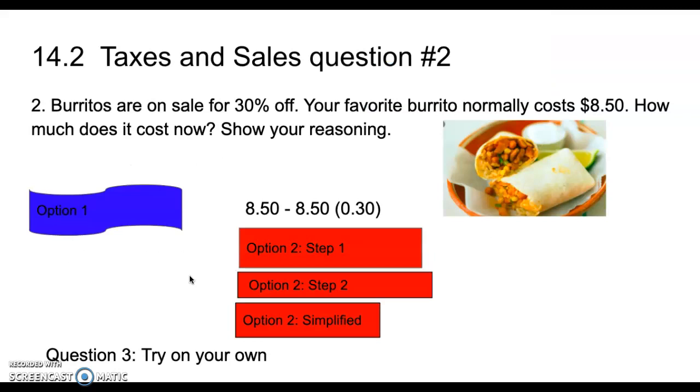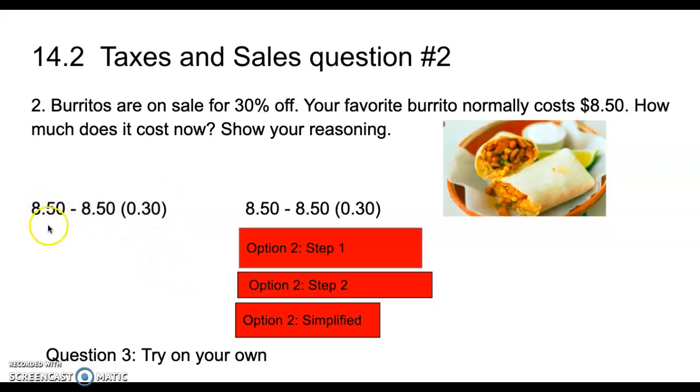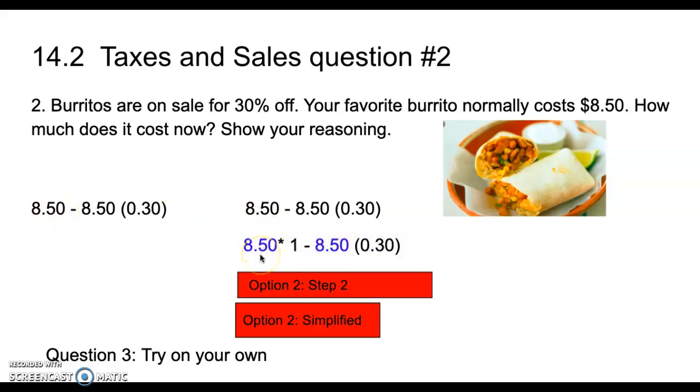So talking about burritos, they're on sale for 30% off. Your favorite burrito is normally $8.50. So how much does it cost now? Using option 1, you take the $8.50, multiply the $8.50 times the 30% off, and subtract that amount, and you get your answer. The other way is making it more of a one step.